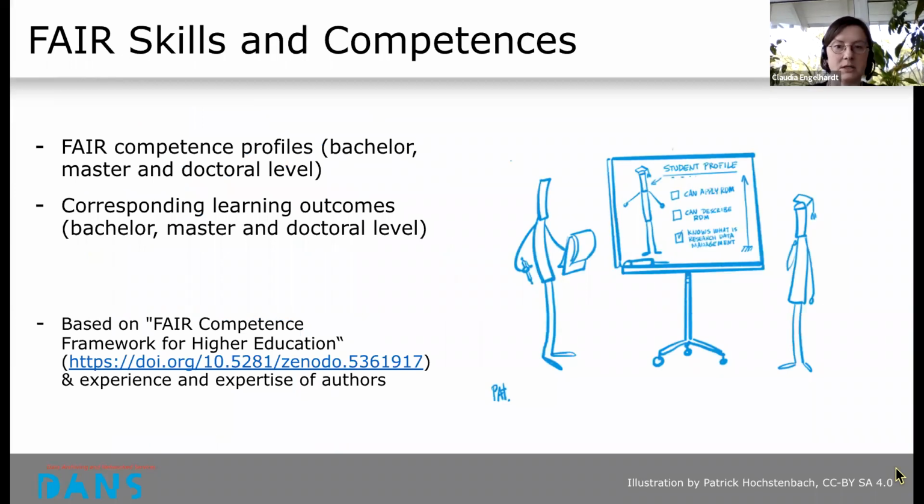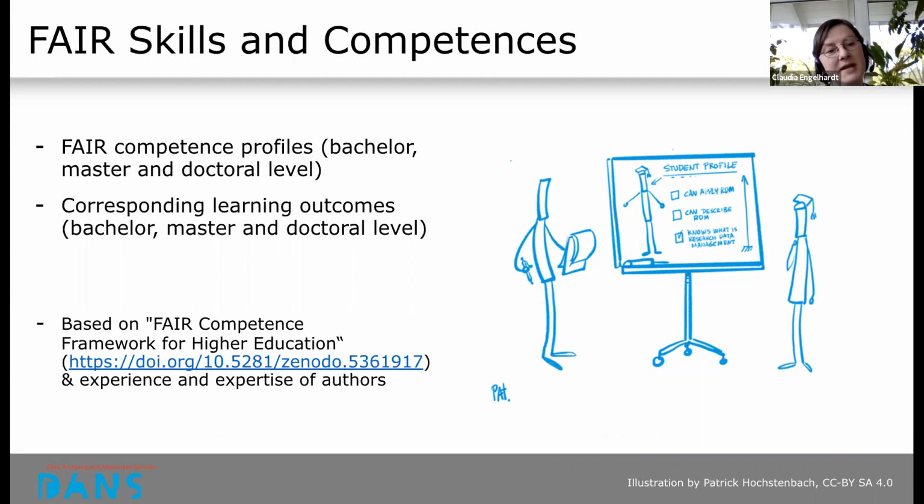So what comprises the FAIR skills and competences part of the book? There are mainly two parts. Firstly, we have created FAIR competence profiles for the bachelor level, the master level, and the doctoral level that define the skills and competences as well as the level of these for these three educational levels.